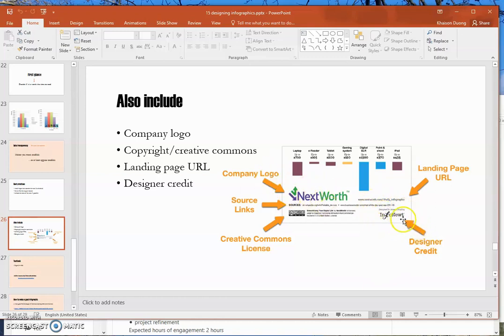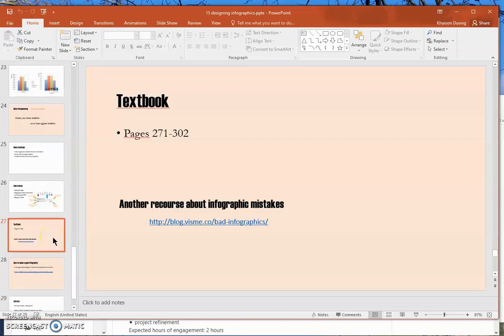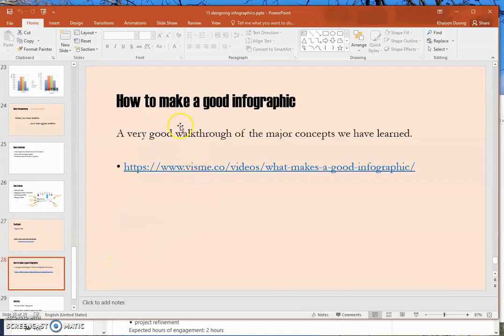Traffic to the company, traffic to the landing page, traffic to the designer. All intended to create that visibility. Here is where you find this information in the textbook if you need to read more, and some links for you to take a look at, again, for more information.